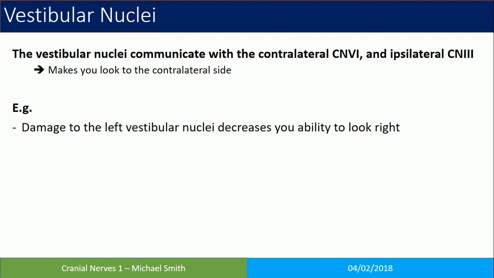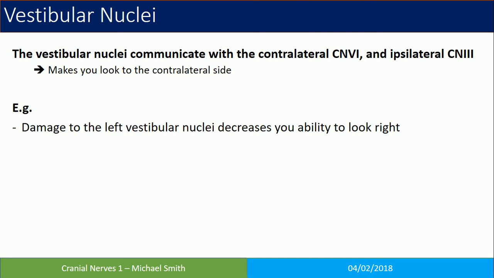So if you have damage to your vestibular nuclei, then this can mean that you're less able to look in different directions because of this reflex. So typically your left hand vestibular nuclei, for example, will communicate with your cranial nerve 6 on the other side and your cranial nerve 3 on the same side, allowing you to look right.